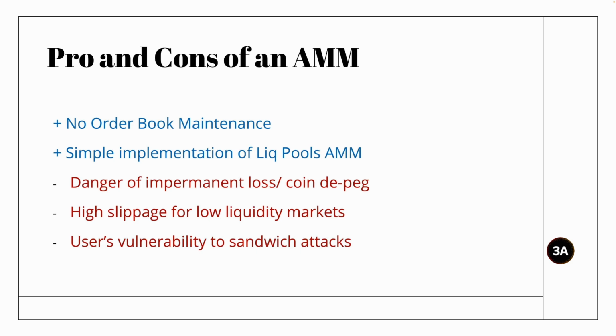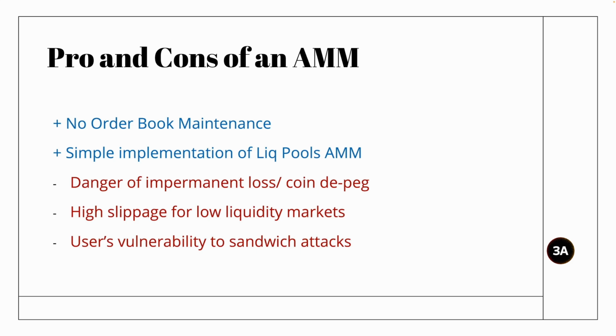Another disadvantage of AMMs is the high slippage for low liquidity markets. So if you trade on those exchanges, please do observe your slippage tolerance. Set yours at 1% or whatever you're comfortable with and calculate your expected loss. Users are also vulnerable to sandwich attacks.